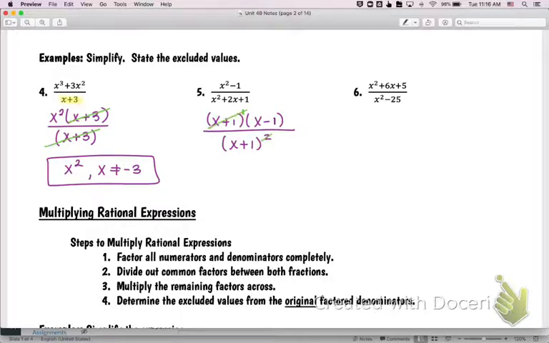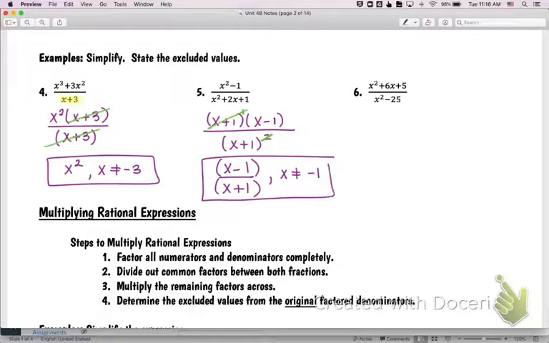So one of these is going to cancel out, but we're still going to be left with one of them in the denominator. And so what we end up with then is x minus 1 over x plus 1, and that's it. Now, you could leave these in parentheses if you want. That's also correct. Doesn't matter. And then the question is, again, what would make the denominator 0? Well, that's x plus 1 squared, so x cannot be negative 1.